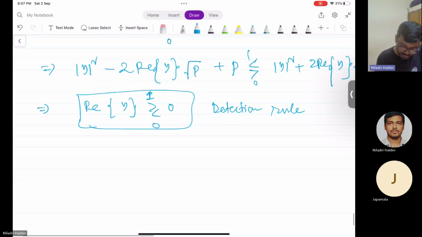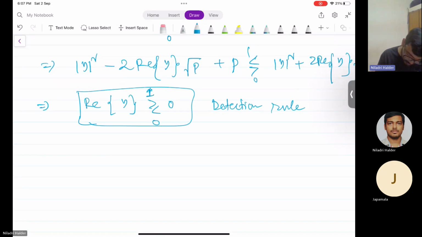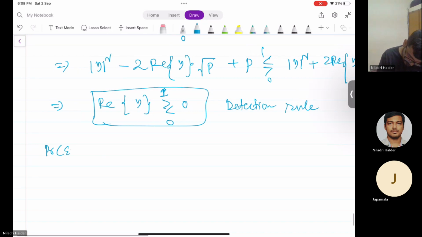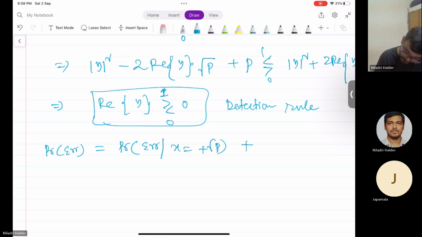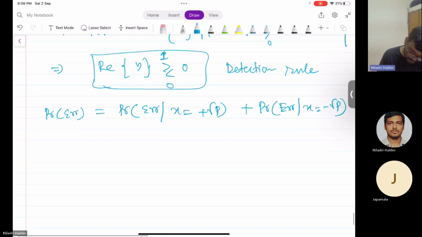Okay, now finding the error. So probability of error is equal to, okay. So this is now the probability of error when x is equal to plus root P.